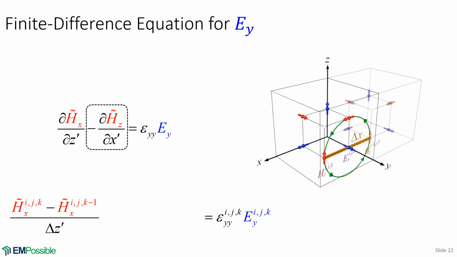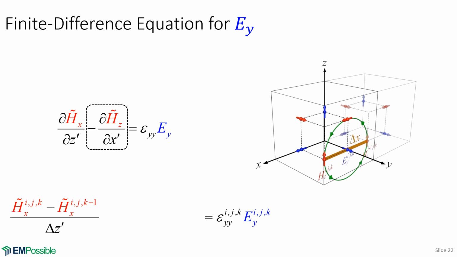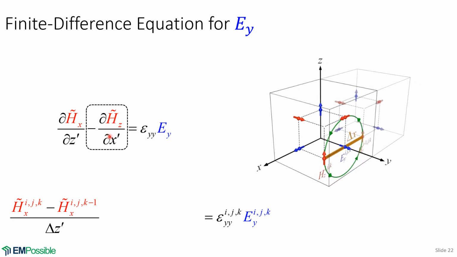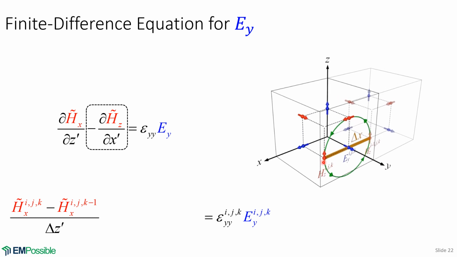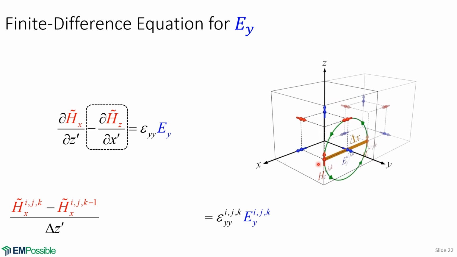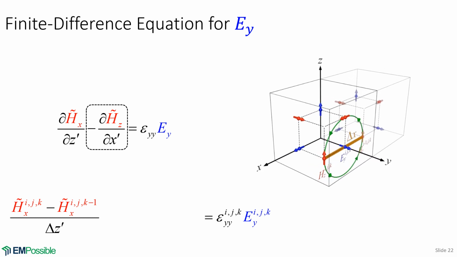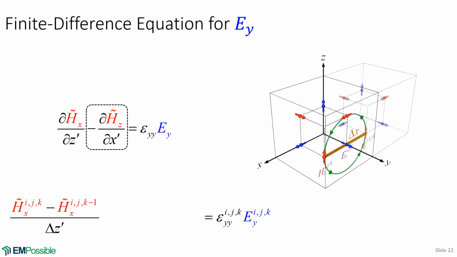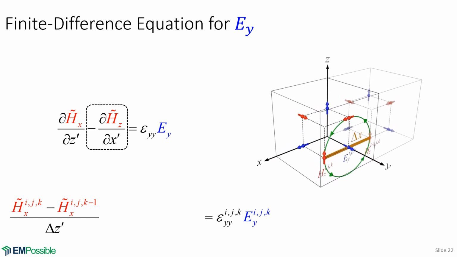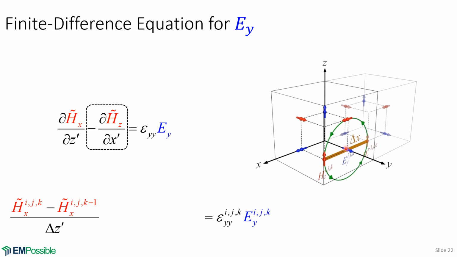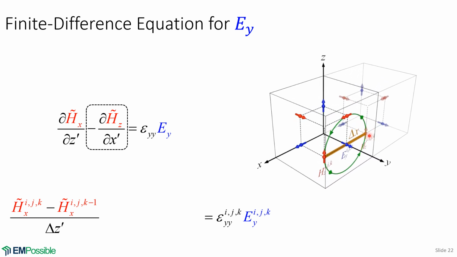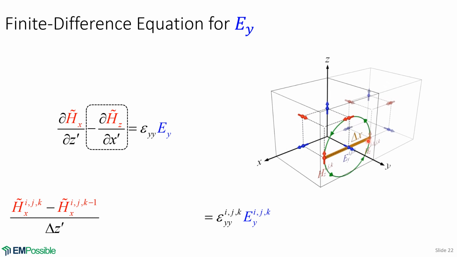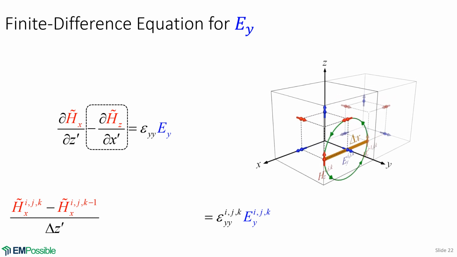And our last partial derivative in this equation is the partial derivative of hz with respect to x. So here's our hz component in our Yee cell, and we want the derivative in the x direction. We would like to use a central finite difference, and we would like that central finite difference to exist where Ey exists. So we need to reach to the other side of the cell, and here it's hz from the previous cell in the x direction.